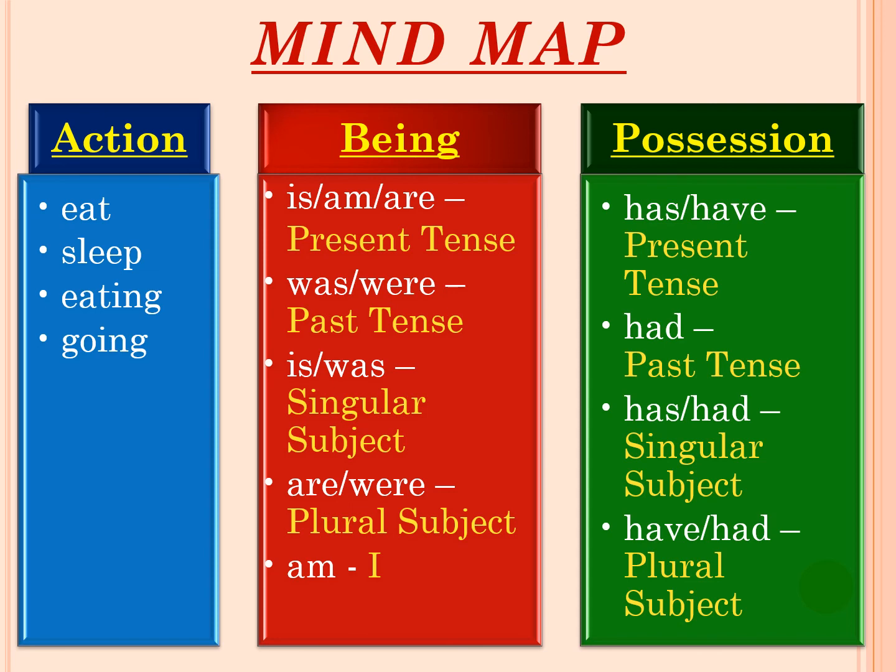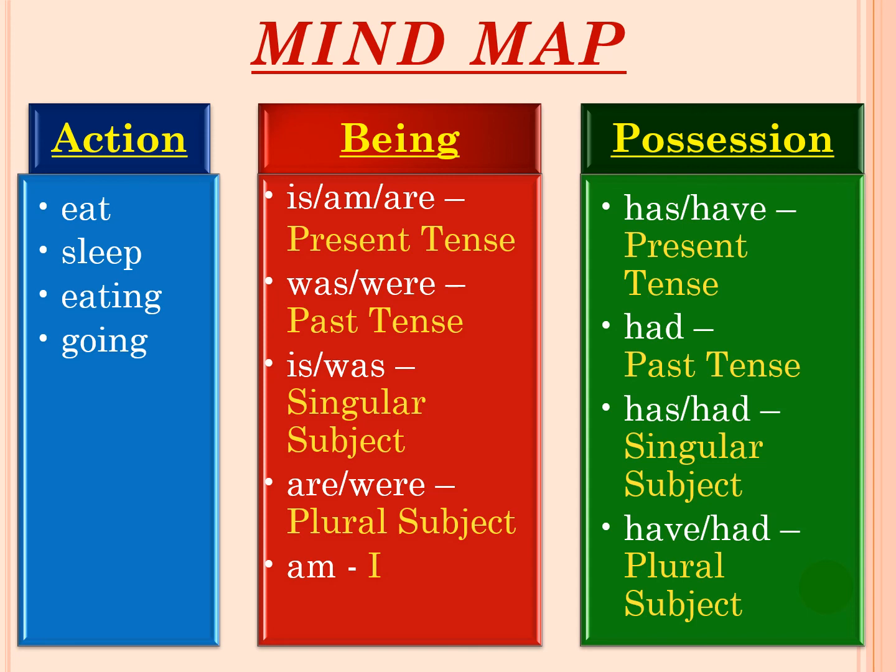Was and were are used for past tense. That means whenever we are talking about the past, we will use was or were as be verbs. And when we are talking about present, we will use is, am, or are as be verbs.